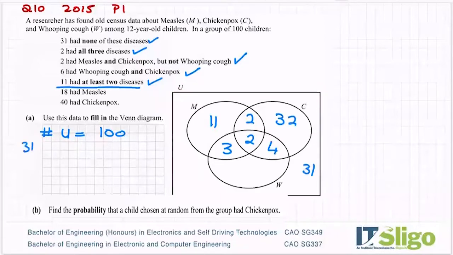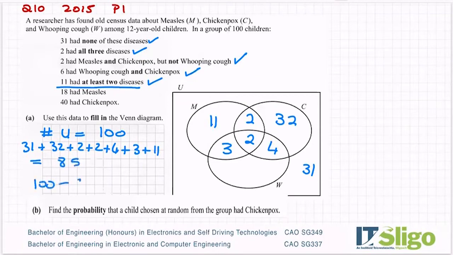So I have 31 plus 32 plus 2 plus 2 plus 4 plus 3 plus 11. Let's see what that equals. I'm just popping onto my calculator. 31 plus 32 plus 2, 4, 8 plus 11, 12, 13, 14. I make that to be 85. So 100 minus 85 is 15. So 15 goes in here.